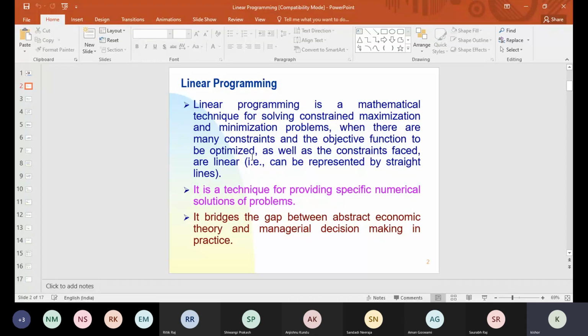Given conditions means constraints. What are these constraints? Suppose your labor is 400 units, machine hours are 300 units, and land is 1,000 square feet. That is the limitedness of your resources. The moment you spell out any value, limitedness comes into the picture. So your resources are limited, and these are basically constraints in production.